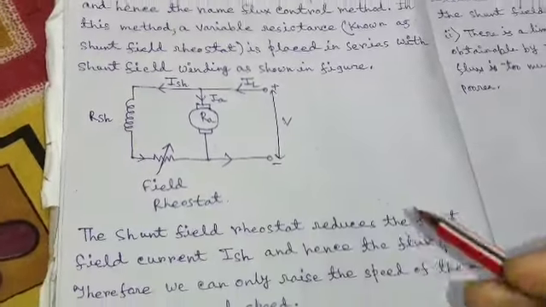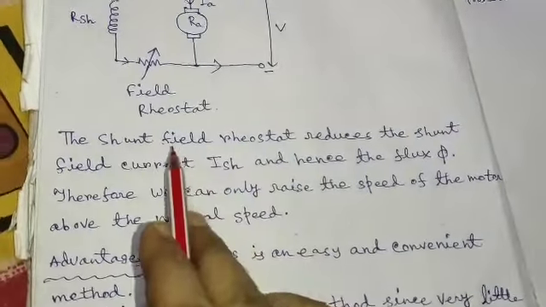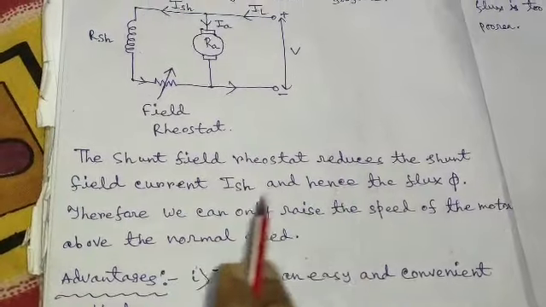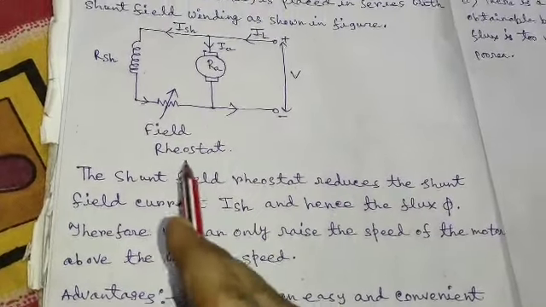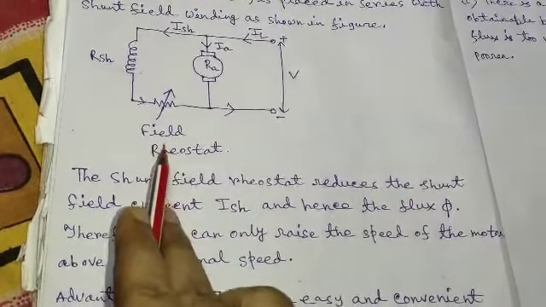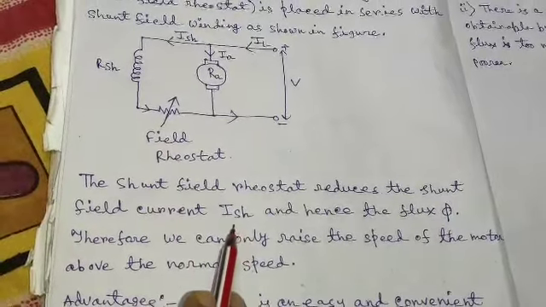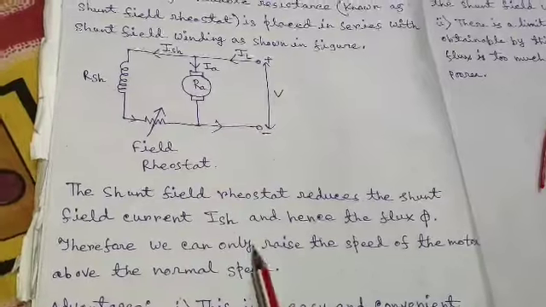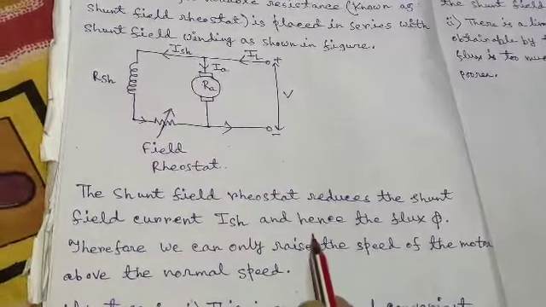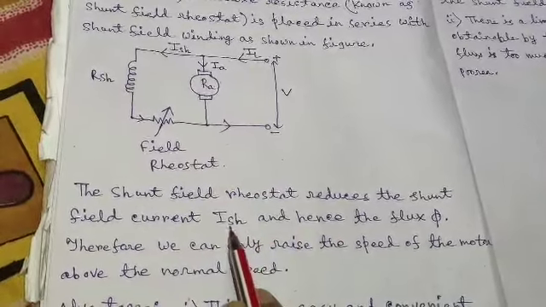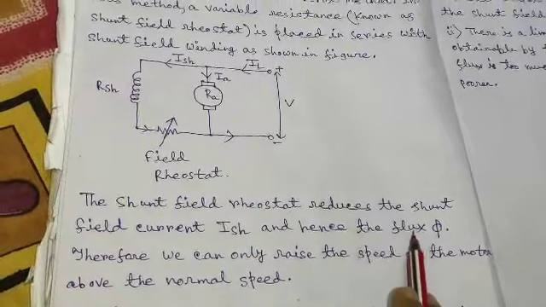Now the main function of this field rheostat is to reduce the shunt field current ISH. Due to the reduced current ISH, the flux phi will also reduce.